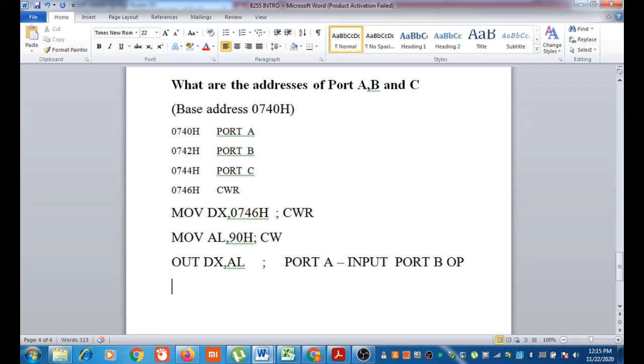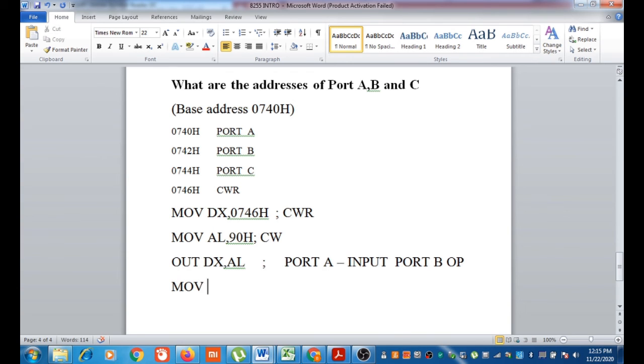Okay, next let us read port A. That is, we have connected the 8 switches to port A. So we have to read the status. We will be getting a pattern. When a switch is on, we will be getting a 1 in that 8-bit pattern. So we will be reading that.